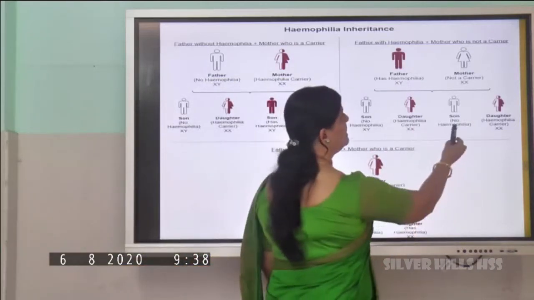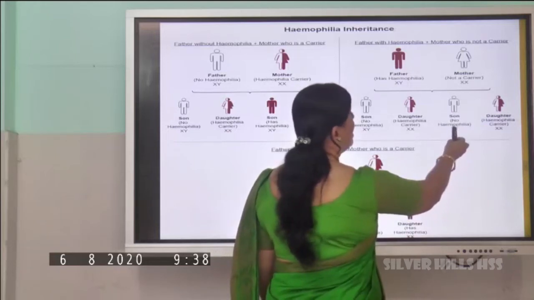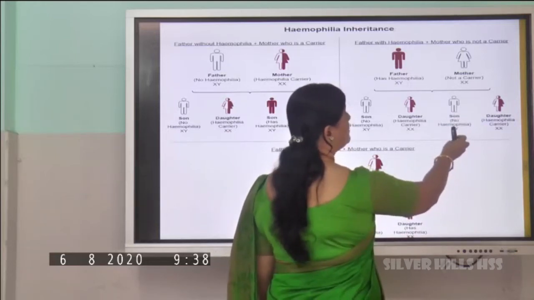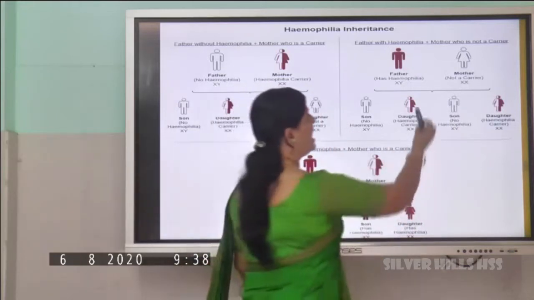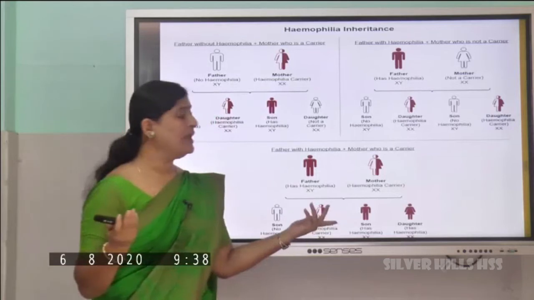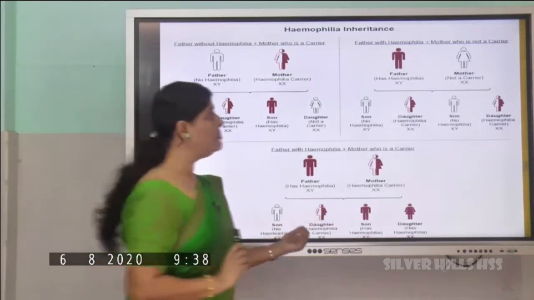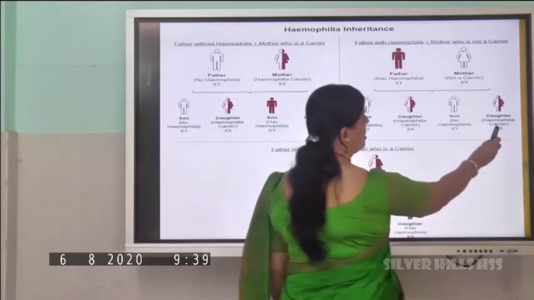Third condition. In the third condition, what is the condition? Let's see. Here, the son has got mother's X chromosome, normal one, and father's Y. So the son does not have any problem. So he is a normal person. What about the fourth condition, daughter?